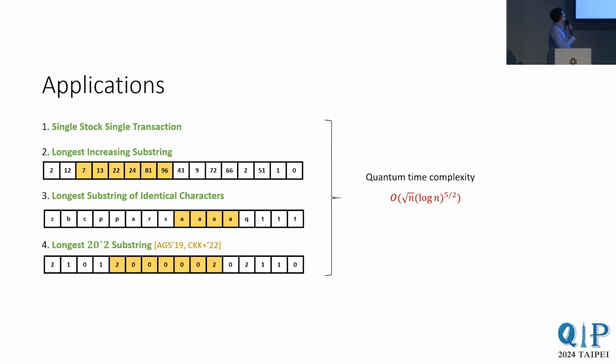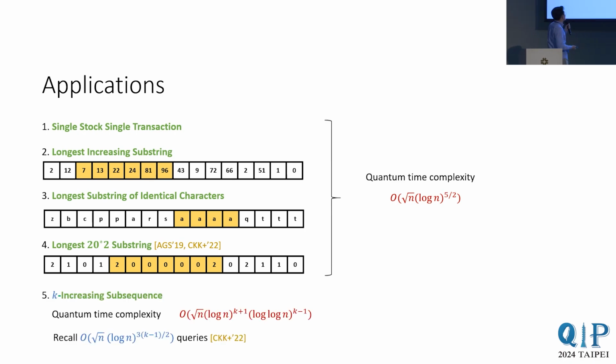And only for the first problem, we reprove the result in the time complexity. And the last problem we consider is k increasing subsequence. For these problems, compared to the result in Charles et al.'s paper, our new algorithm by the bottom-up approach can achieve a polylogarithmic speed up.